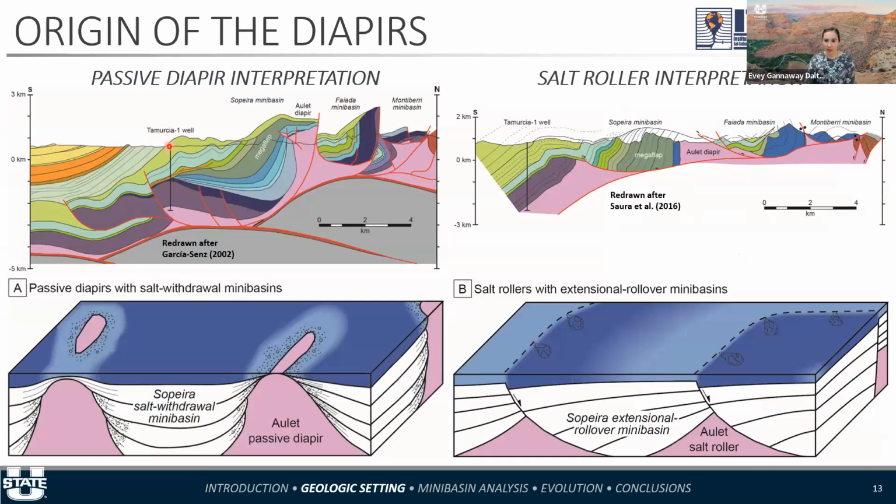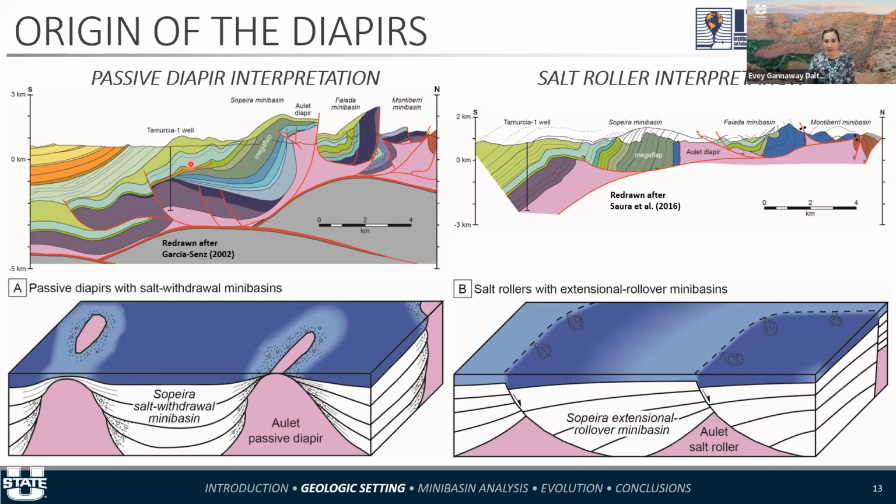And here we go. So on the left-hand side, we have that model A from the west, and right-hand side, we have model B from the east. So model A invokes subsidence by primarily differential loading and salt evacuation, as the Aulet diapir that you see here on this cross-section evolved as a passive salt diapir.